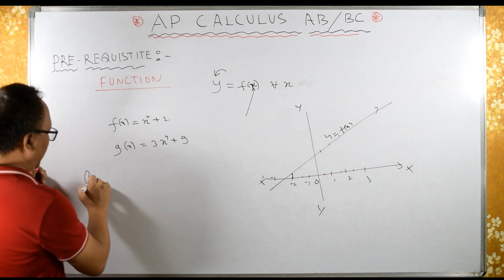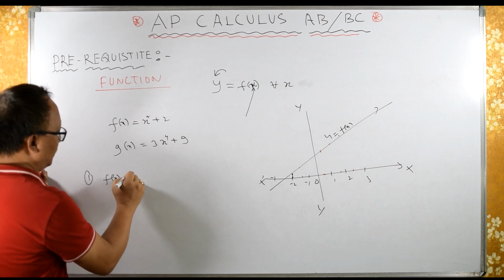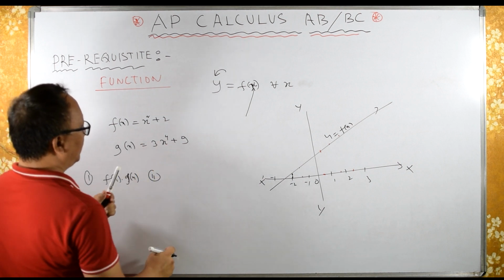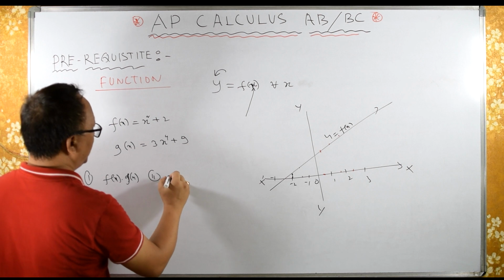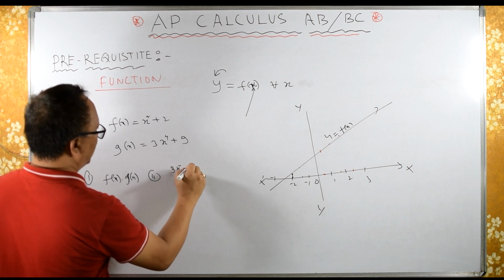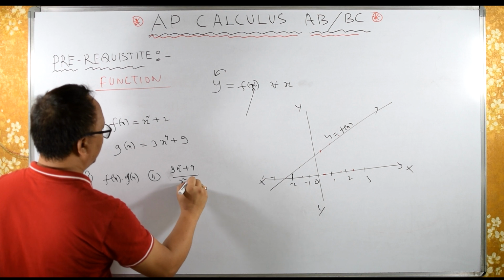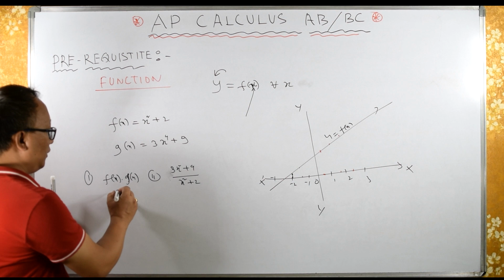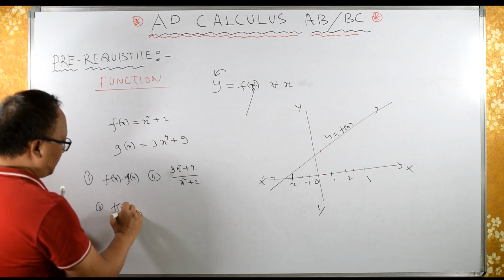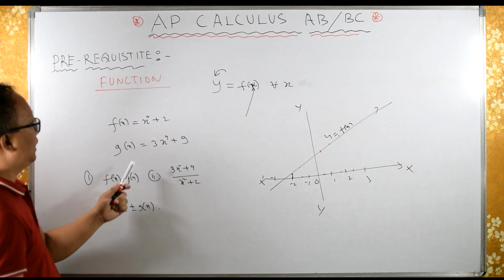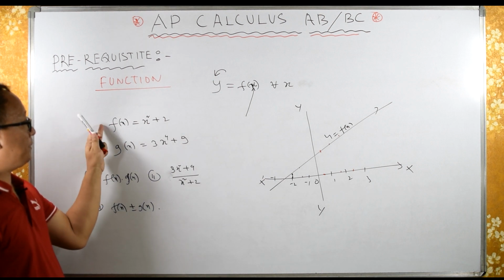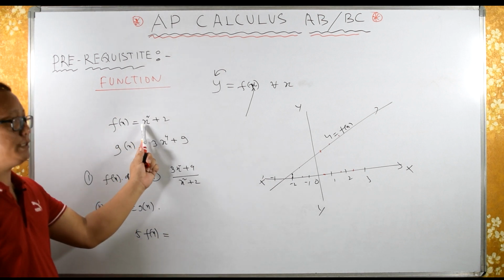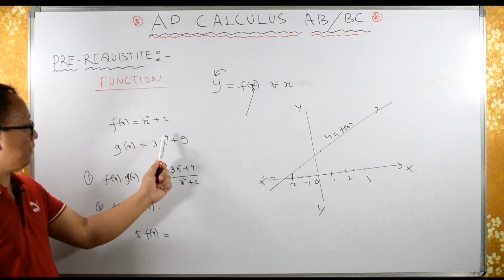You can find f of x into g of x, as well as divide 3x square plus 9 upon x square plus 2. You know the division algorithm, and addition and subtraction, f of x plus or minus g of x. If you multiply a constant, for example 5 into f of x, you have to multiply 5 to each and every term. These are the basic things for functions.